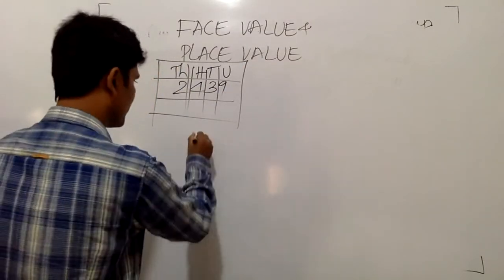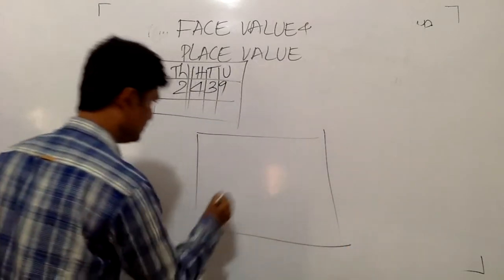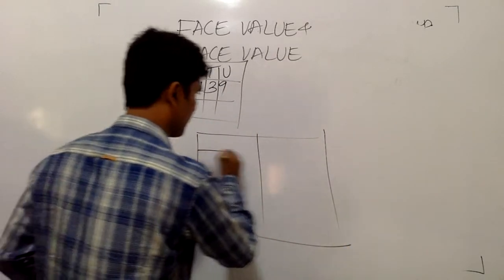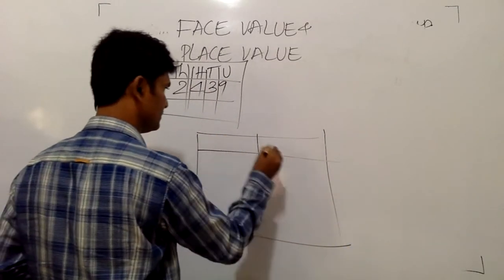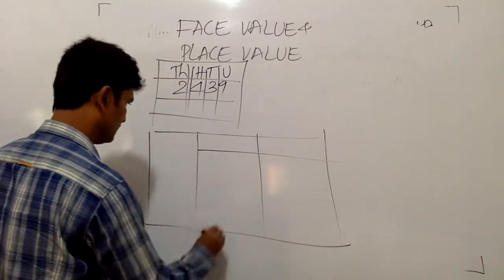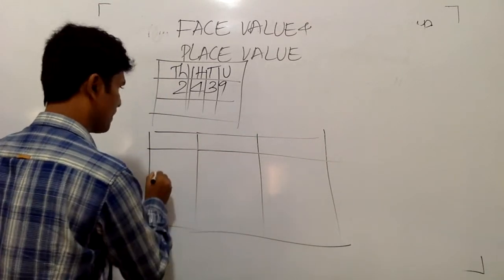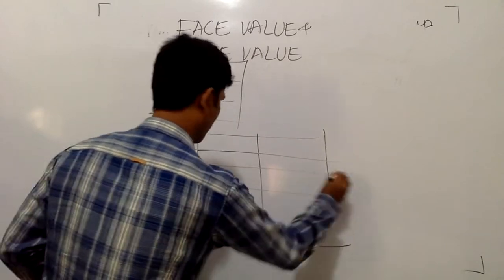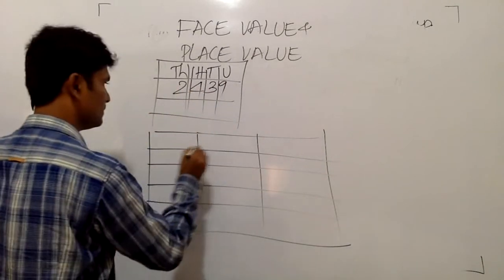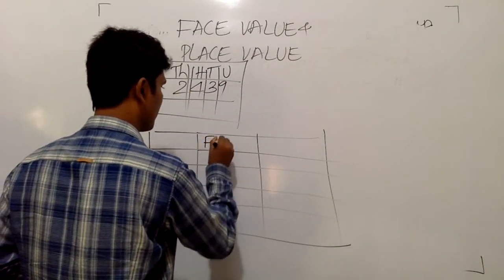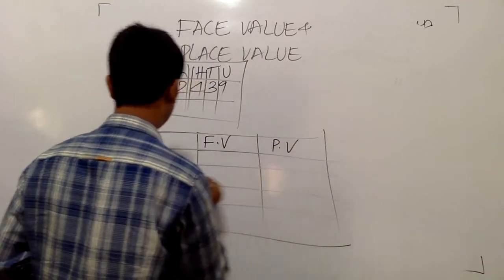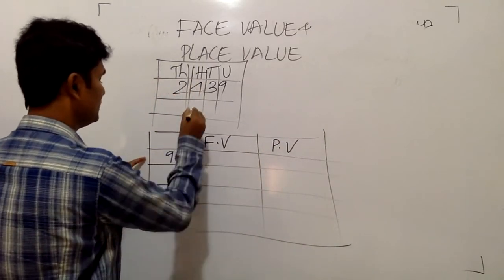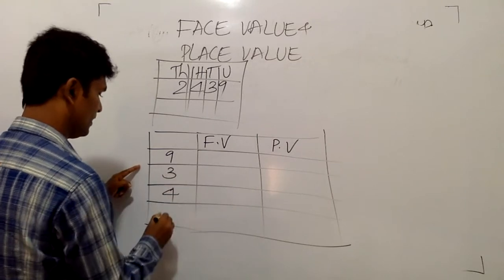So now I am taking them in a table. This is 9, this is 3, this is 4 and 2.